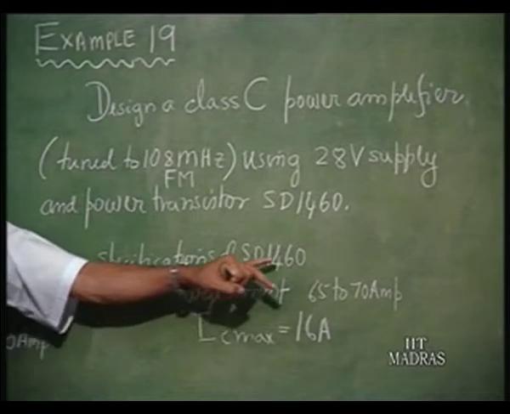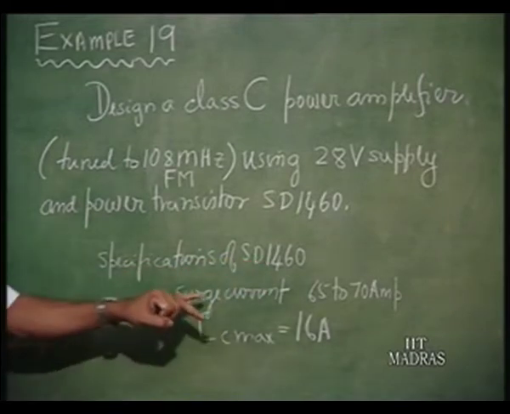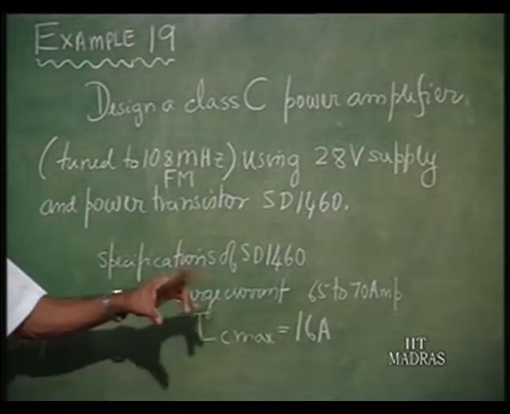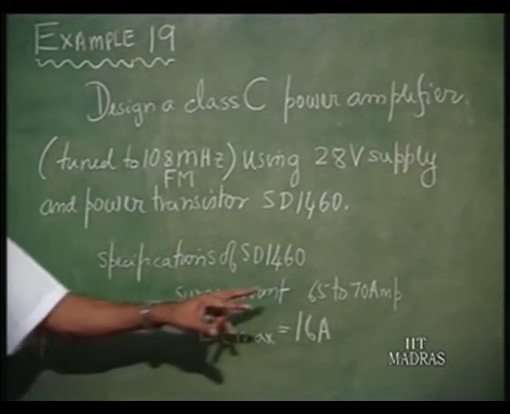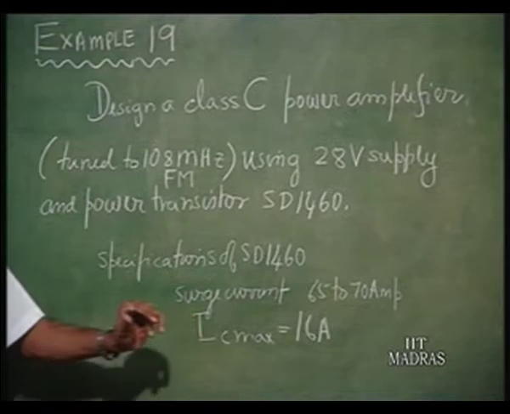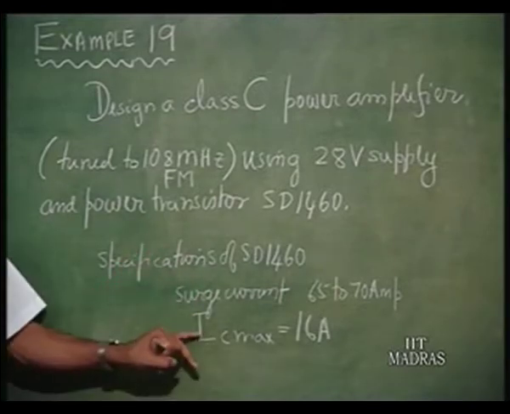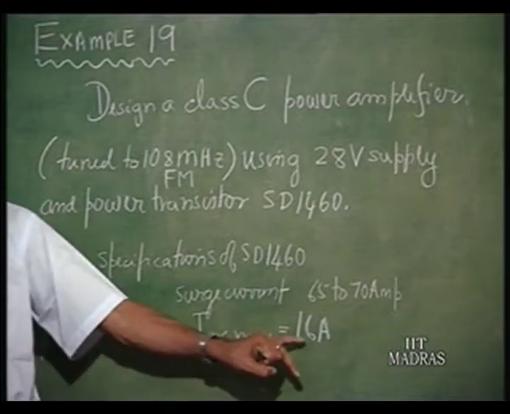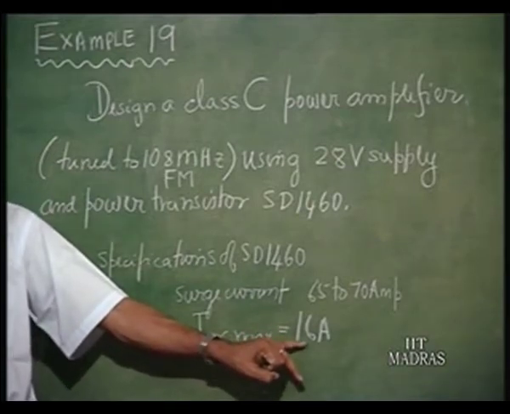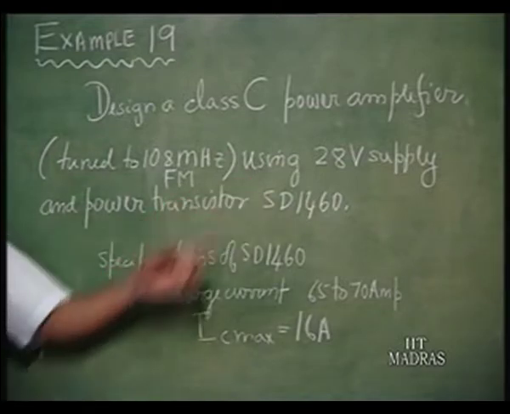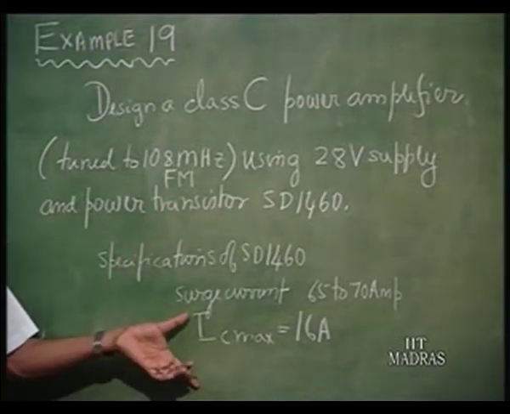Specifications for SD1460: surge current 65 to 70 amperes. This is just one time surge current, okay, which might flow because of sudden change in the voltage or something like that. So, IC max is equal to 16 amperes.